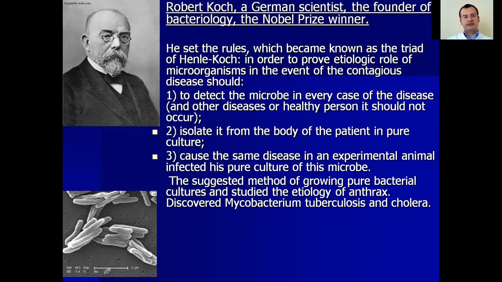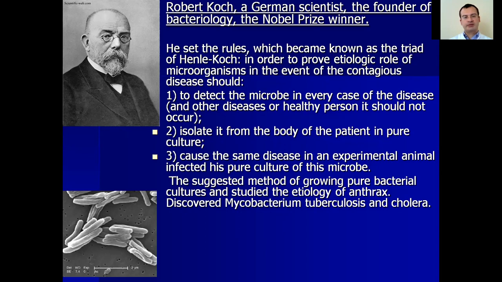Robert Koch set the rules, which became known as Koch's postulates, to establish the etiologic role of a microorganism in a contagious disease. The microbe should be detected in every case of the disease, and in other diseases or in a healthy person it should not occur.